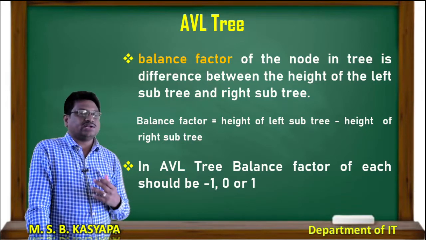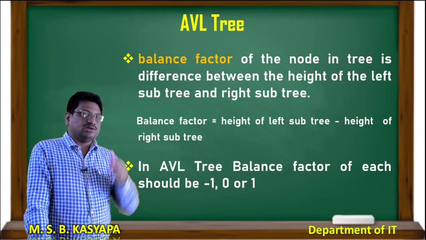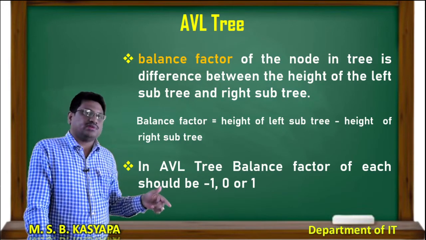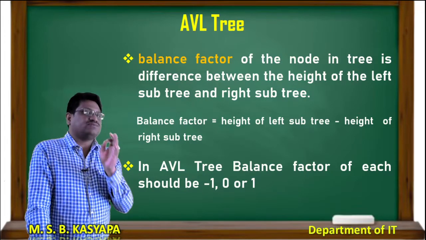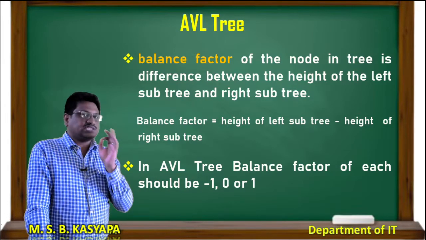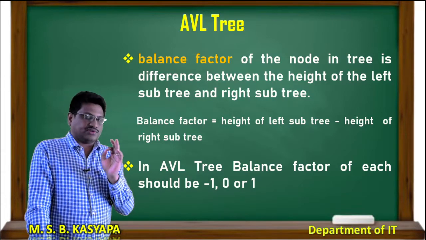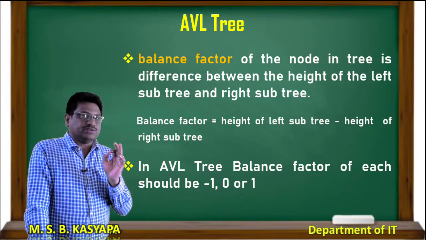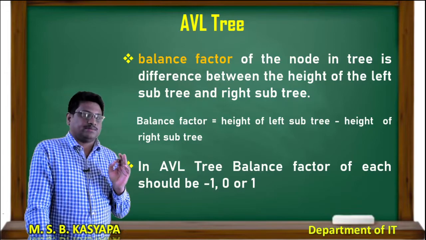The balance factor of each and every node in an AVL tree, or balanced binary search tree, is the difference between the height of the left subtree and the height of the right subtree.